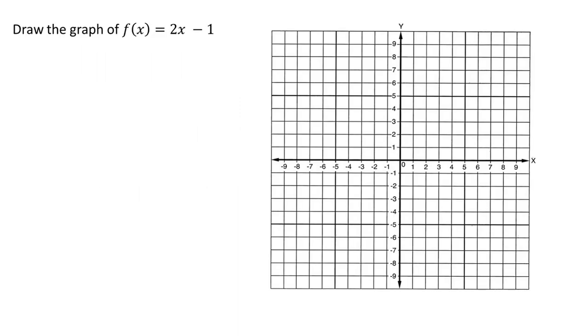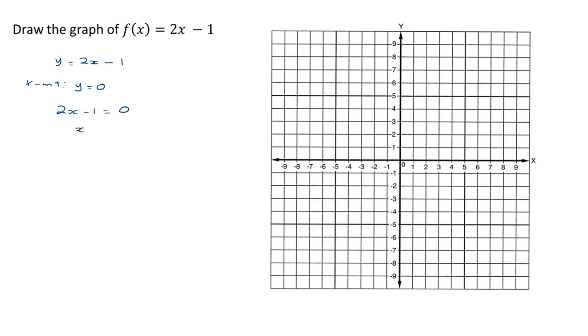So let's try that with this graph right here, graph of f of x equal to 2x minus 1. So we say f of x, or we can say y equal to 2x minus 1. So let's look at the x-intercept. So y equal to 0. So it means 2x minus 1 equal to 0.